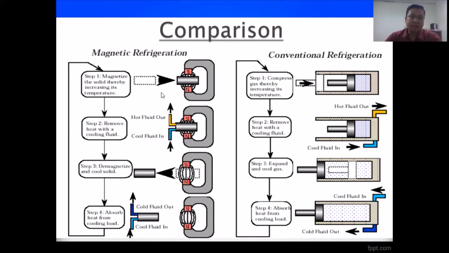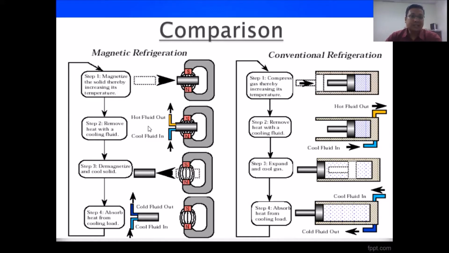Okay, if we compare from the figure, in step one of the magnetic refrigeration, we magnetize the container with the refrigerant inside, while in the conventional one this is the pump process, where we compress the refrigerant.